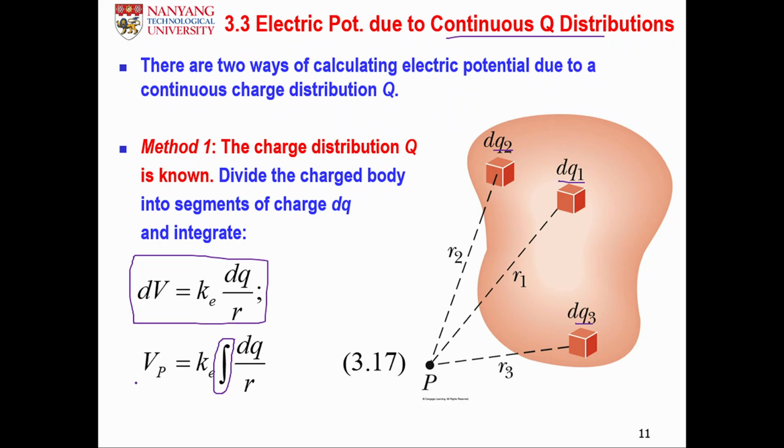And this should give you the total V. Again, you see exactly the same idea we did for E, the electrical field E, right? It's just that now the formula is a bit different. Now here it is kQ over r, while for the E, it's kQ over r squared. This is one way we can determine the electrical potential V.